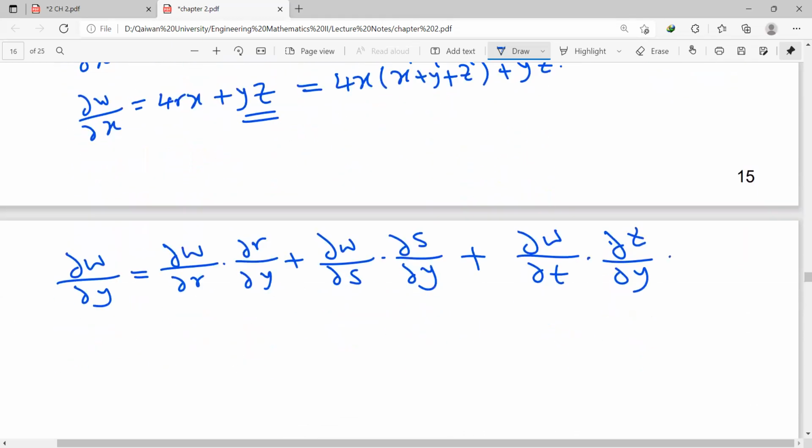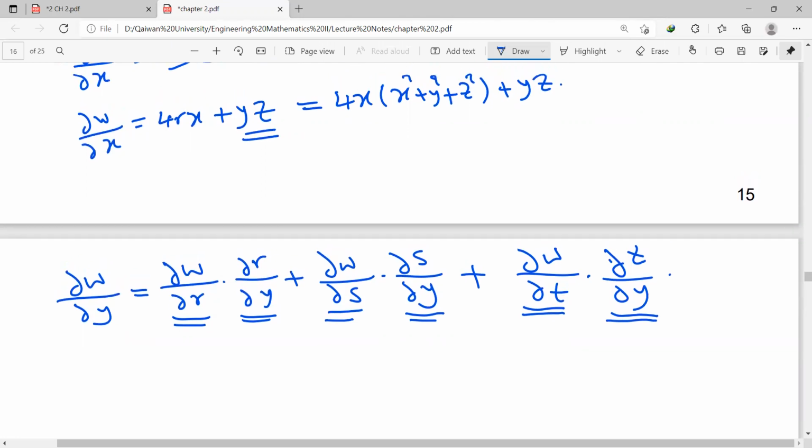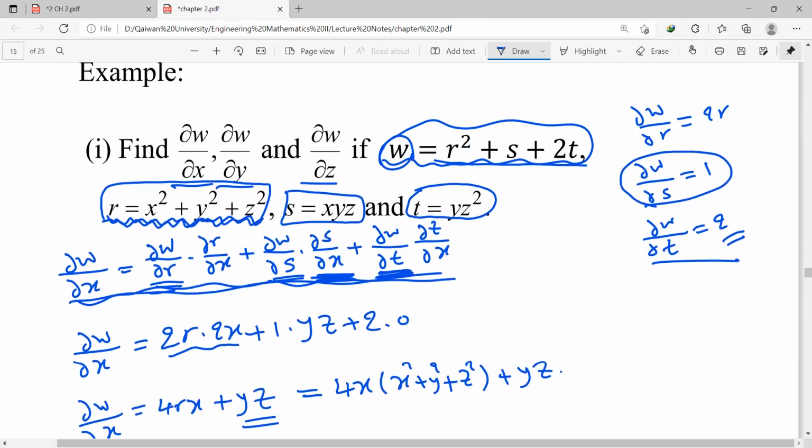Let's find partial w by partial r, partial r by partial y, partial w by partial s, partial s by partial y, partial w by partial t, partial t by partial y. That means we are going to find the partial derivative of w with respect to r, s, and t. We found it before.